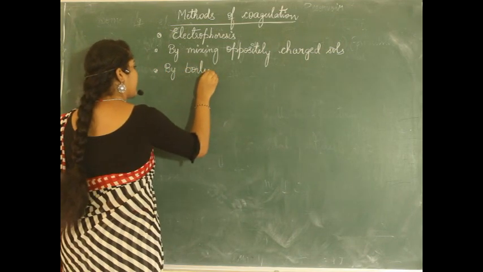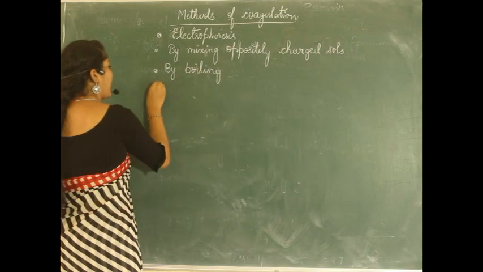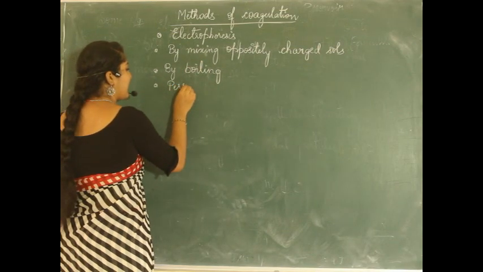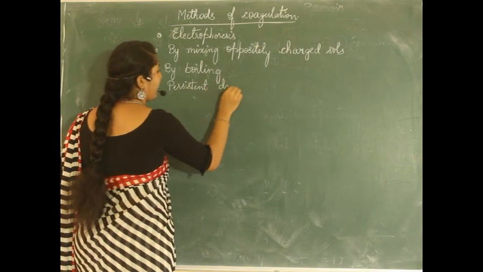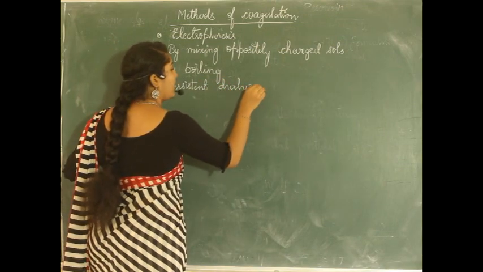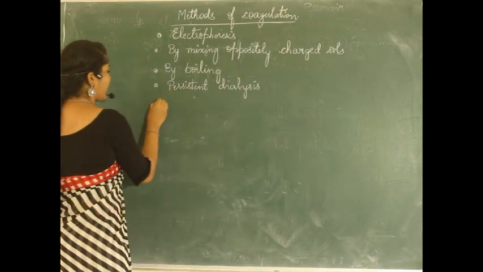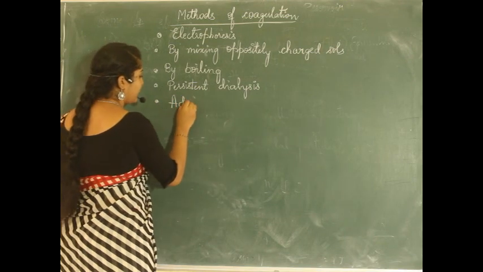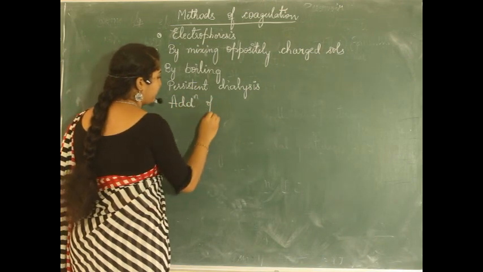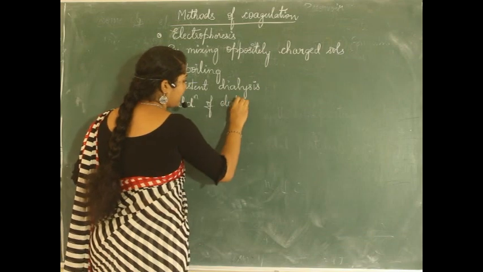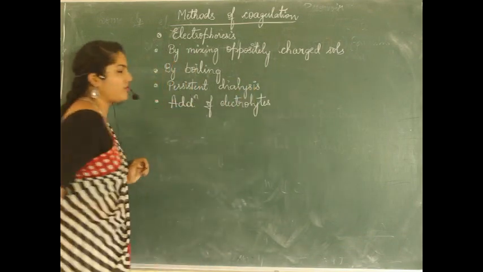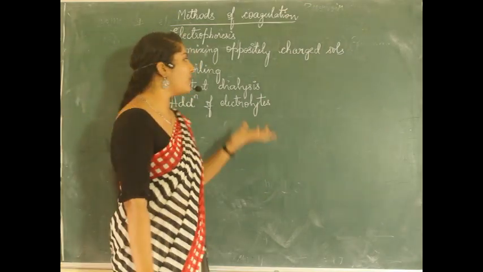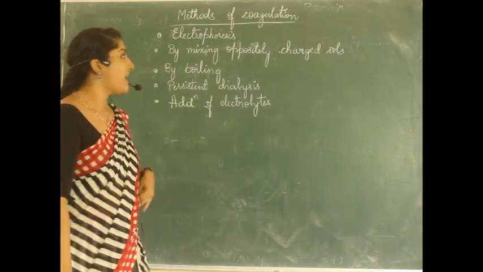The other method is boiling. One more is by persistent dialysis, continuous dialysis. Or the other very important method is by the addition of electrolytes. So let me explain how these can be carried out.